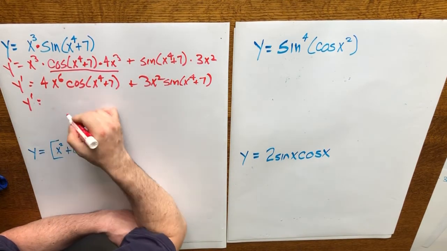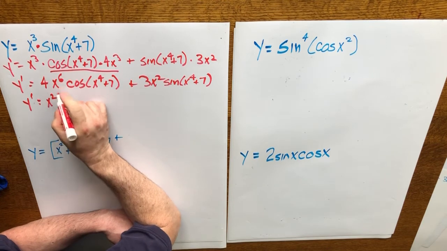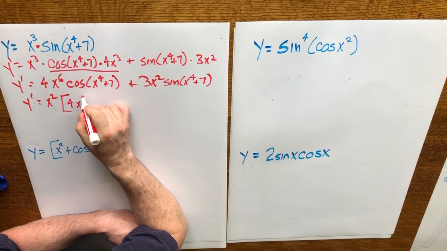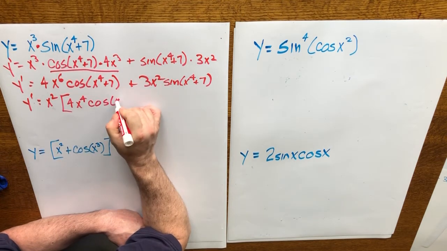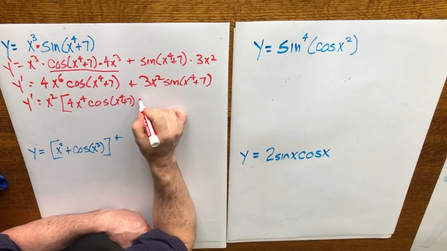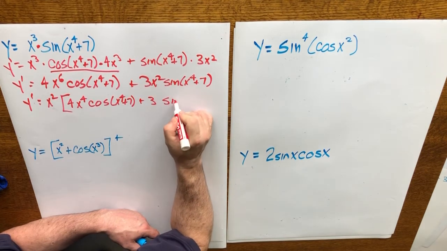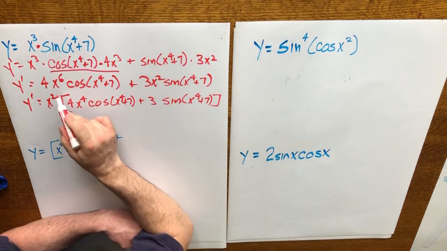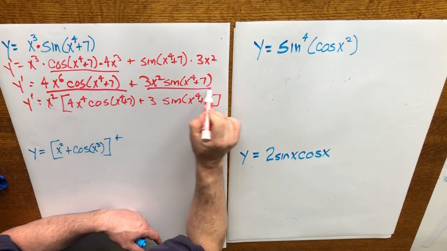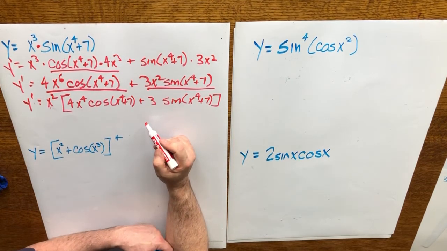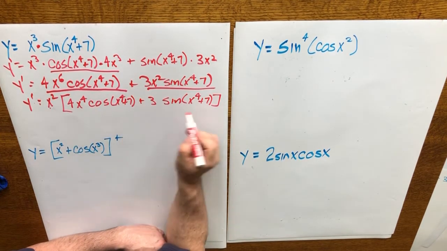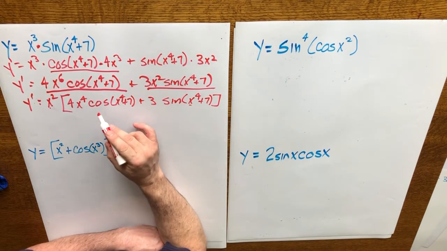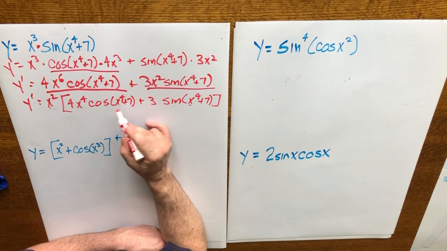Y prime equals x squared, common factor, times [4x to the 4th cos (x to the 4th plus 7) plus 3 sine (x to the 4th plus 7)]. So there's the common factor, x squared, that I took out of this group, and everything else fell into place there. Notice that you never touch the argument. You can't common factor or say that belongs common to both of them. The word cosine always has an argument that follows. You can't common factor out from it.